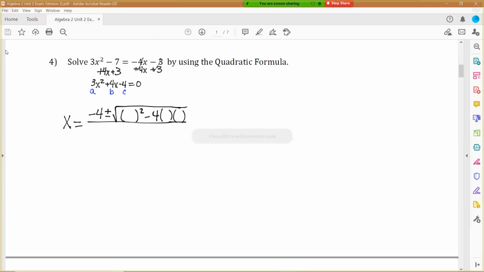Then underneath my square root, I need b squared. So 4 squared minus 4 times a, which is 3, times c, which is -4. All divided by 2 times a, which is again 3. Keep in mind on your test, you get 1 point automatically for writing this down for me.